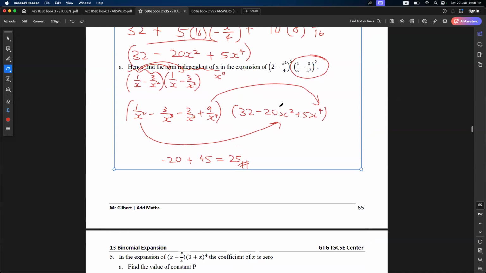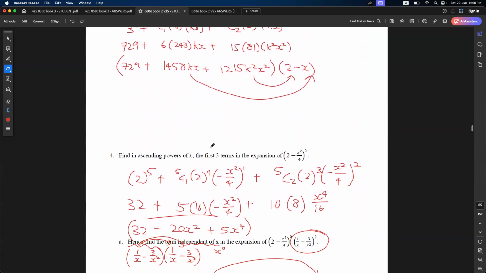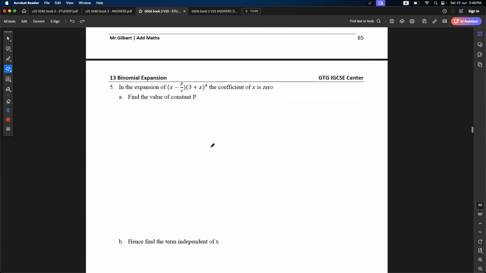For example, if we don't have a coefficient of x like this one, this whole thing is 0. But you must equate it, because this is in terms of p right now, so you've got to let it equal 0.